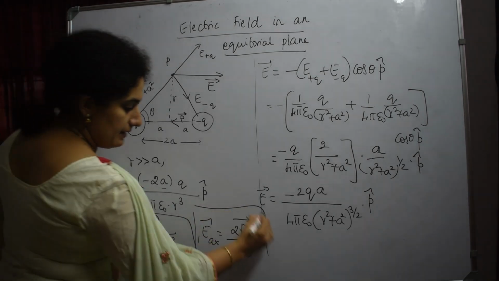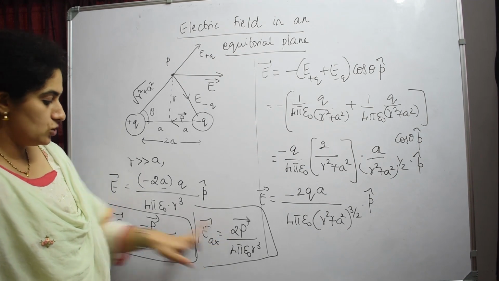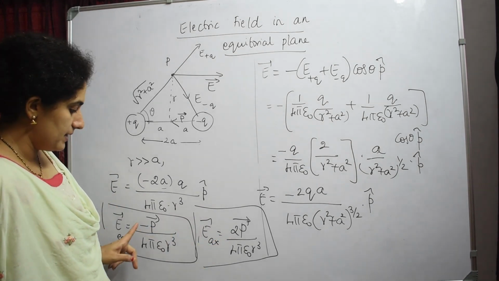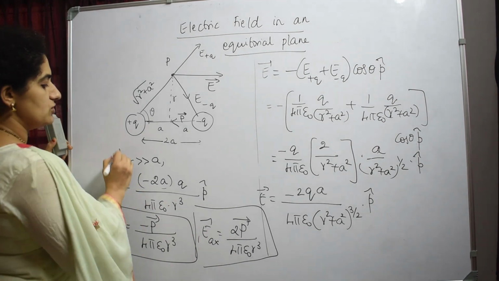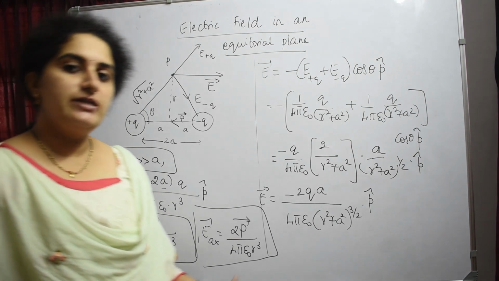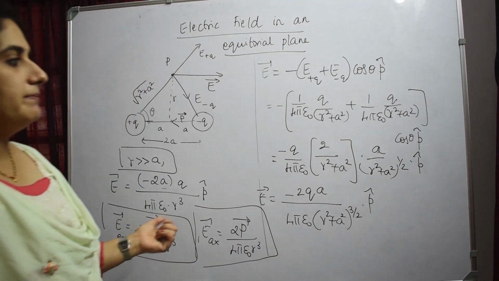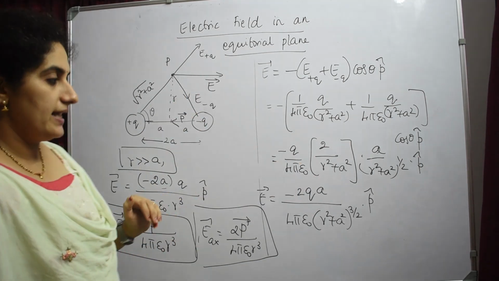So it is twice that of the equatorial, but the sign is positive, provided r is very much greater than a. Okay, so these are the two important derivations that you have to remember: the equatorial one and the axial one along any line.